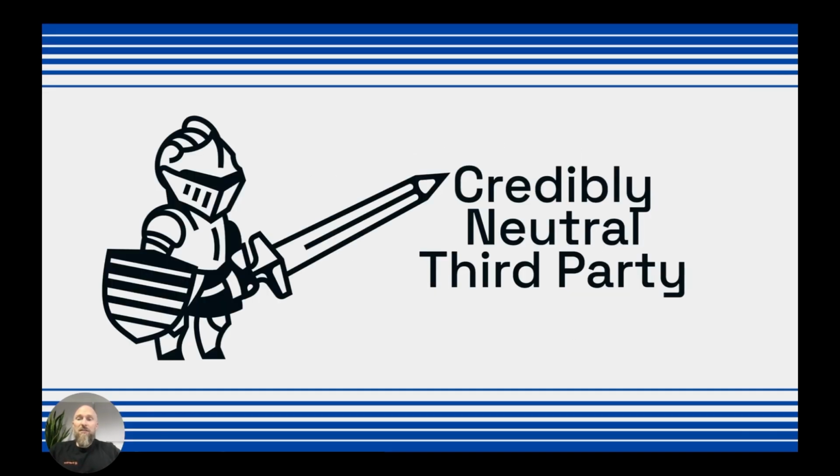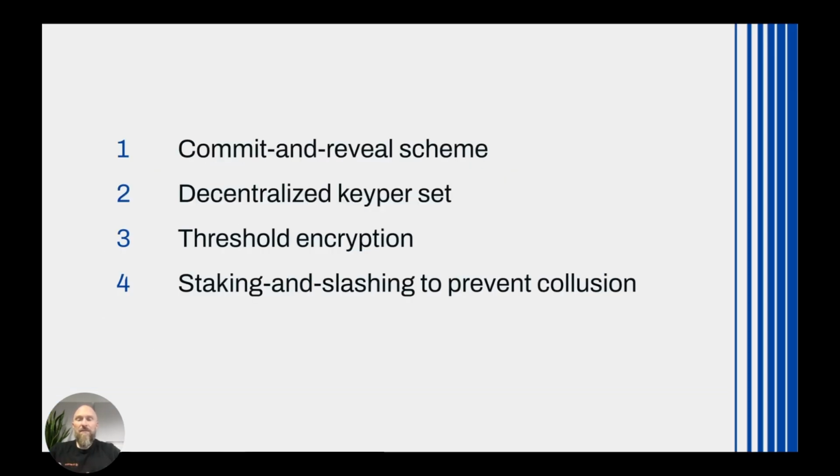So what Shutter does as an alternative is we introduce a credibly neutral third party. And here's how we do that. We utilize something called a commit and reveal scheme. And in order to generate the encryption and decryption keys, which are needed for commitments and reveals, we use a decentralized keeper set.